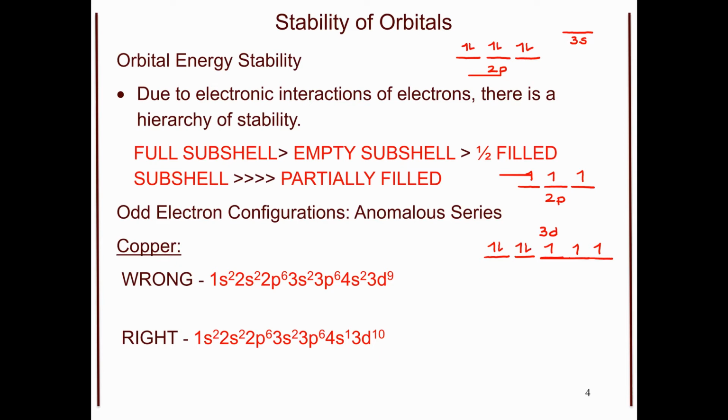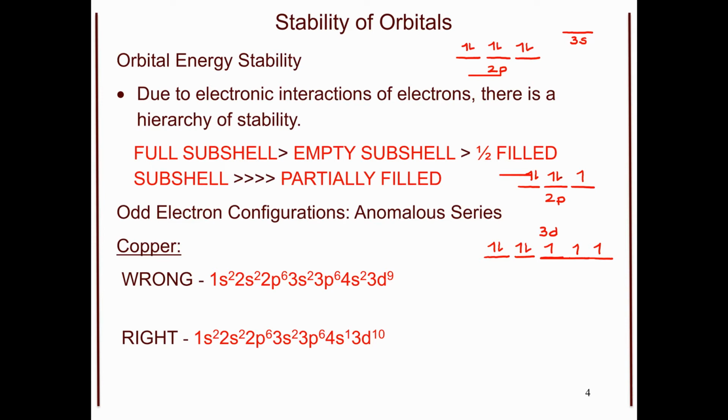This is considered partial. If I go back up to my 2p, this would be considered partial as well, because now I have 1 unpaired electron in that final orbital. These are the worst because there's an imbalance in the magnetic field of these electrons, and it starts to perturb the volumes and the spaces that we are in.